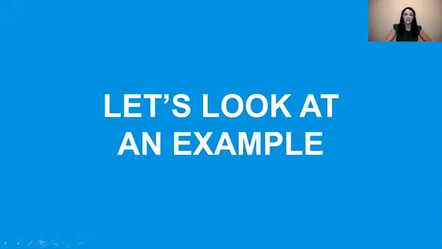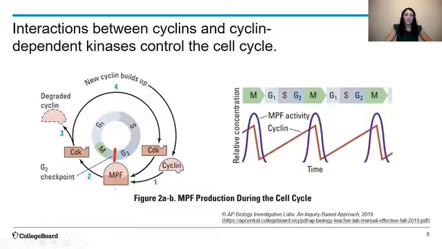So let's look at an example. Here we're looking at, again, the interactions between cyclins and cyclin-dependent kinases, and specifically we're looking at one of the ones that is responsible for promoting M phase or mitosis to occur. So you can see that as the cell cycle is continuing, the cyclin that is responsible for promoting M phase builds up over time, so it's getting more and more concentrated.